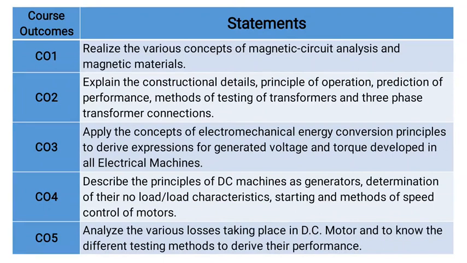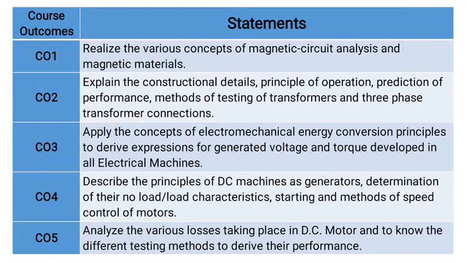On the completion of second unit, which tells about transformers, you will be able to know about the construction details, principles of operation, prediction of performance, methods of testing of transformers and three-phase transformer connections.